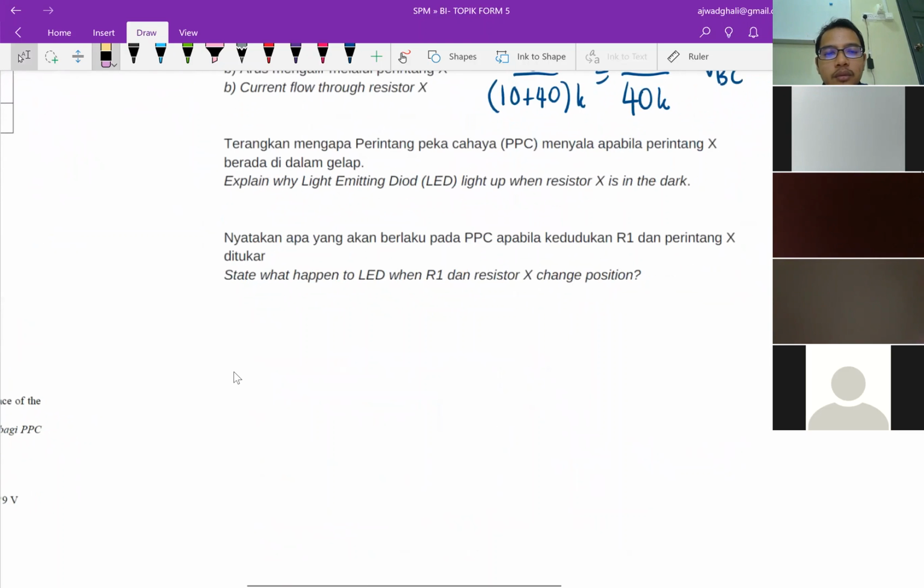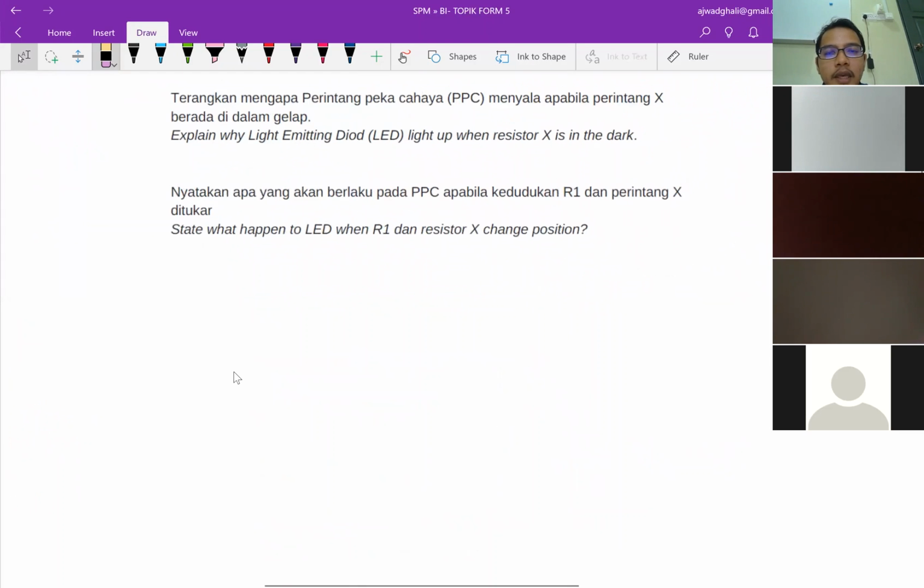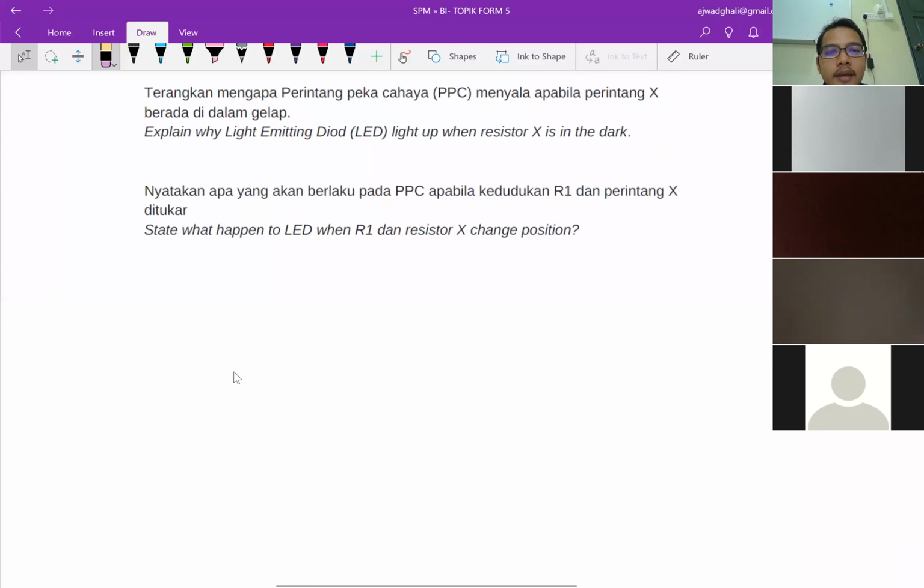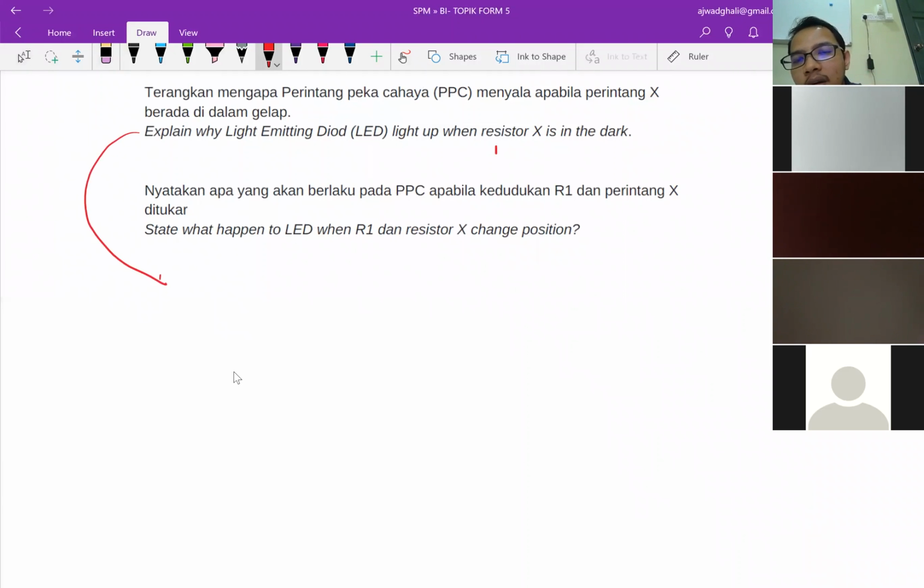So the last question is: explain why the light emitting diode lights up when the LDR is in the dark. Okay, jot down this one. So during dark, what happened?